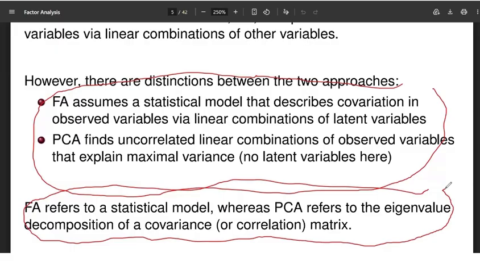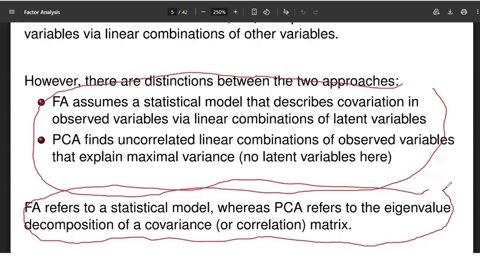So principal component analysis focuses on the decomposition of a matrix, whether you want to talk about eigen decomposition or singular value decomposition and so on, when you are seeking the solution of principal components.